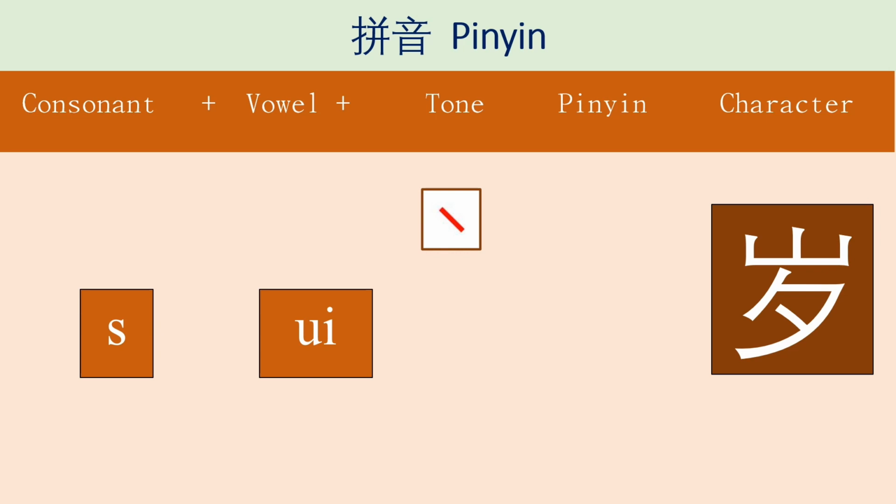Do you know where to put this tone? Should it be on top of U or on top of I? Usually, if we see A in the compound vowel, we always put the tone on top of A, right? But for this compound vowel, we don't have A in it. So, U and I, which one should we put it on?